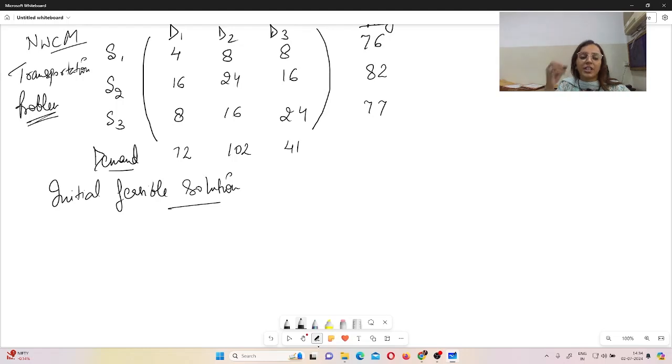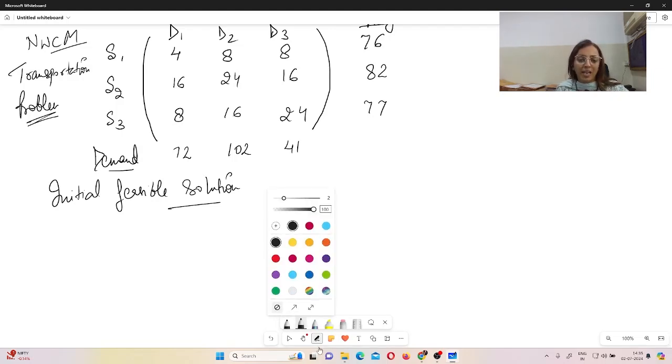The word itself indicates that we start allocating from the north, then once the north is completed we move to the west and continue till all the allocations are wound up. Before starting the question, always remember you have to find out whether your matrix is a balanced matrix or not. Then only proceed further.